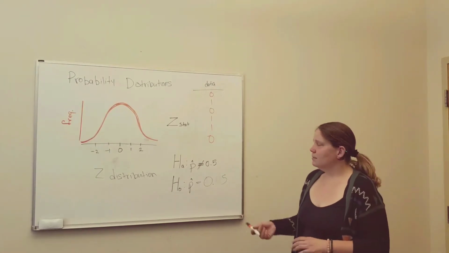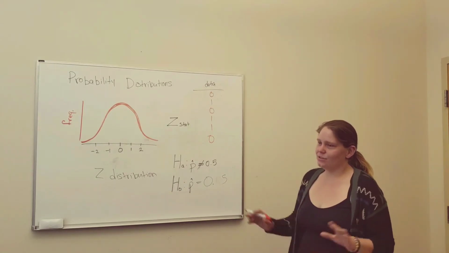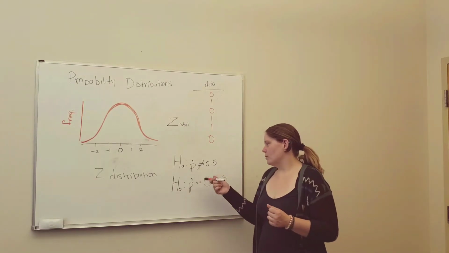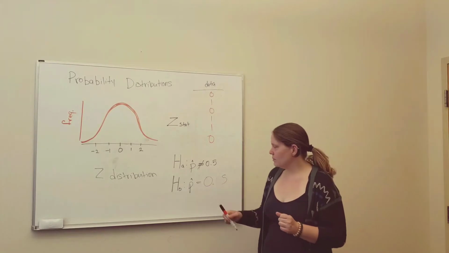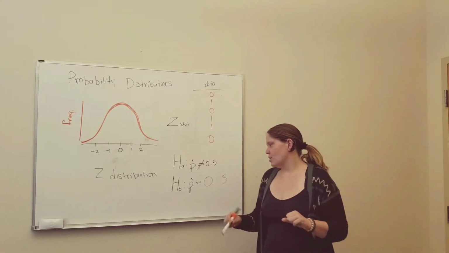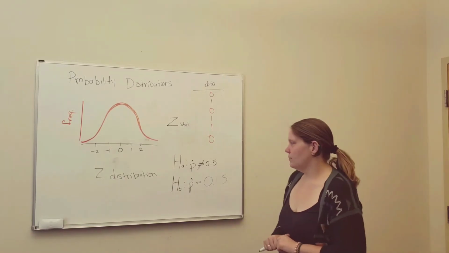There's two genders, male and female, for simplicity's sake, and the probability of being born female, we think, is actually possibly more likely or less likely than being born male, which is what our alternative hypothesis states. But the null hypothesis says, no, the probability of being born female is 50%, 1 in 2.